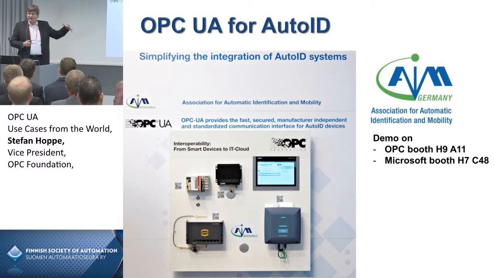Then the attendee walked with the RFID tag to the Siemens RFID reader. It was automatically read out and pushed to the display on top of that. And there was also this gateway in the middle, which was able to connect to all devices and push data up into the cloud.